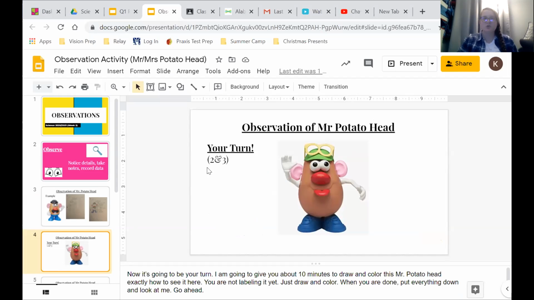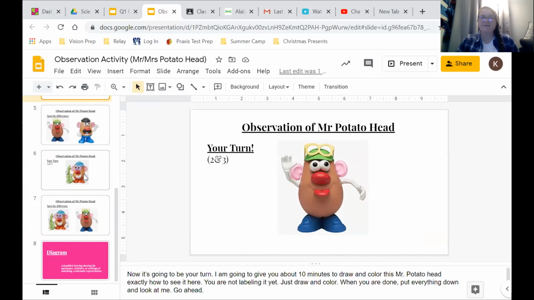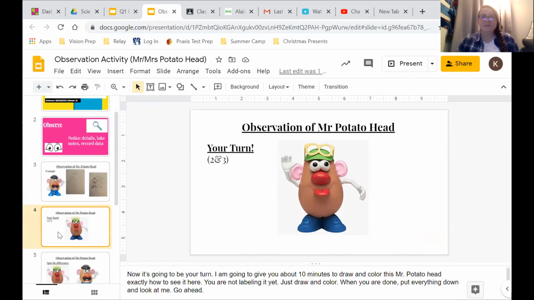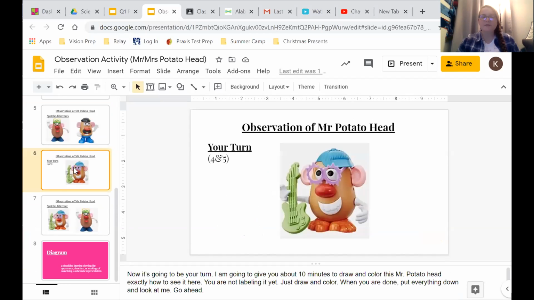It says 2 and 3. If you are fourth or fifth grade, you're going to scroll down and find this one right here. Those are the only two pictures you're looking at now, okay? Either this one, second or third, or this one, fourth and fifth.